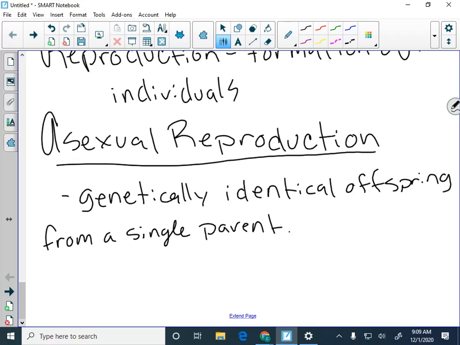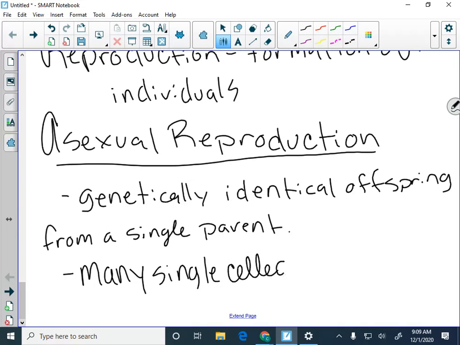This is many single-celled organisms. Many single-celled organisms do this. It's how most of them reproduce. Not a lot of sexual reproduction happening between single-celled organisms, though it does happen.